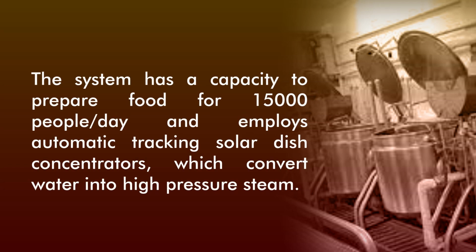The system has a capacity to prepare food for around 15,000 people per day and employs automatic tracking solar dish concentrators which convert water into high pressure steam. The steam thus generated is used for cooking in the kitchen. It is also supported by a diesel boiler so as to make the system reliable under all climatic conditions.